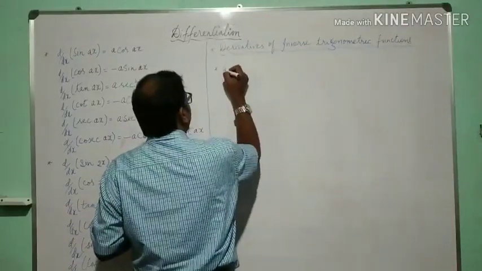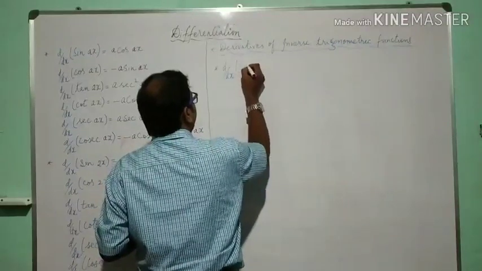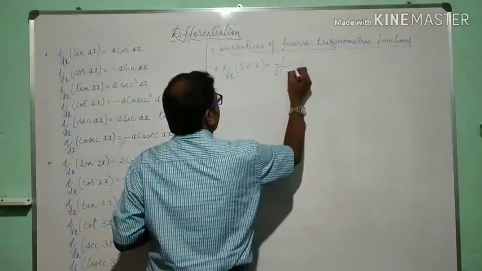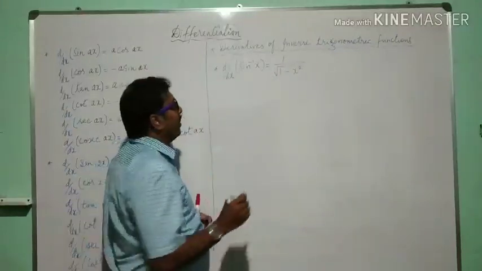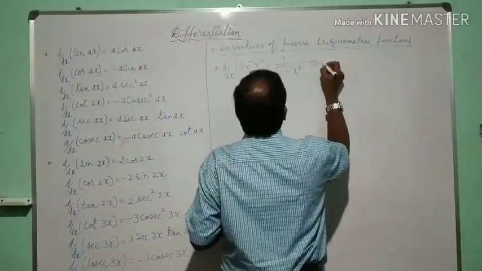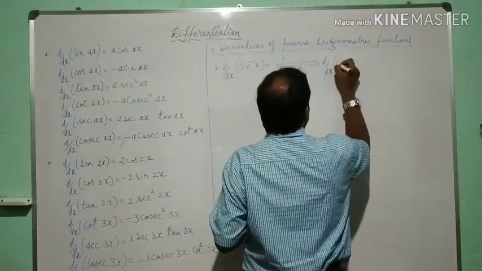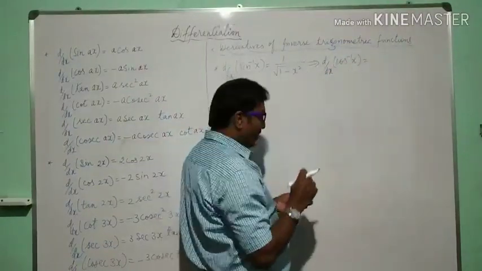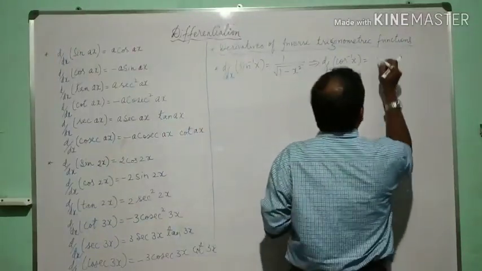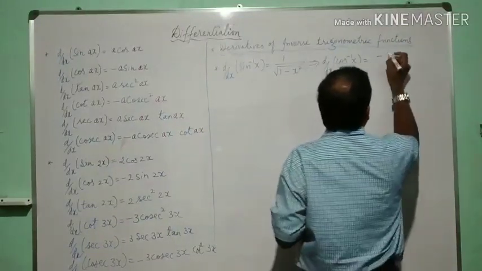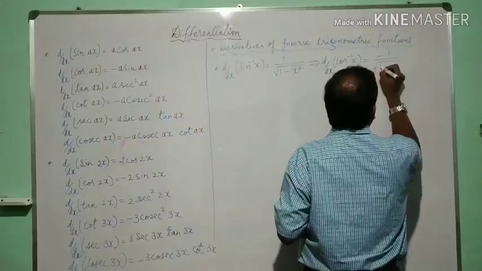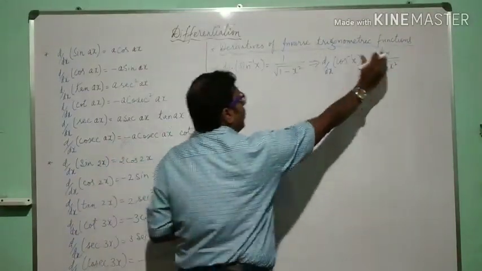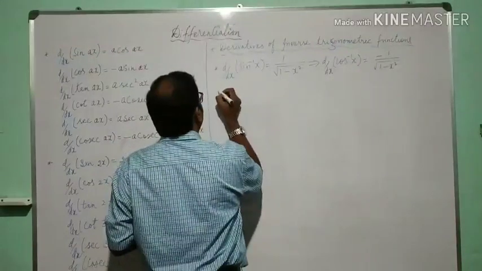Here d by dx of sin inverse x is 1 by root of 1 minus x square. When you take the derivative of cos inverse x, it is exactly the same with negative sign, minus 1 by root of 1 minus x square. The same thing what you get for sin, you will get with a negative sign.